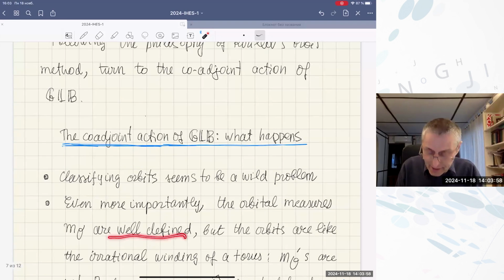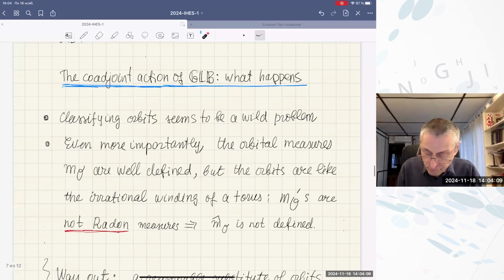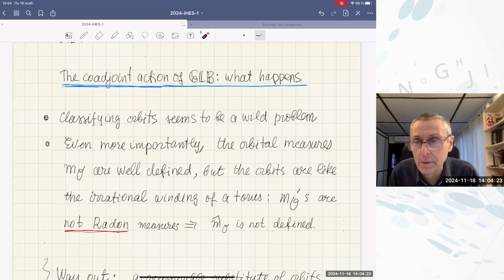They are well defined. But it turns out that the orbits are like the irrational winding of a torus, which means that these orbital measures are bad objects. They are not Radon measures. What does Radon measure mean? A Radon measure is a measure such that the mass of any compact subset must be finite.